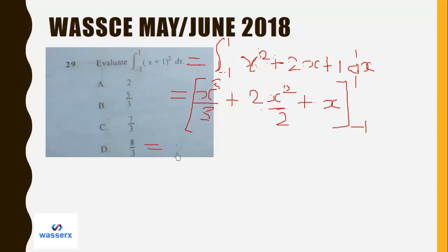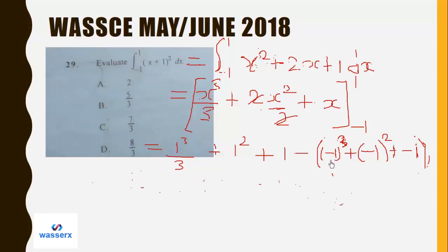So this will be equal to 1 cubed over 3, plus, this will cancel this, so we have 1 squared, plus 1 into negative 1 cubed over 3, then plus negative 1 squared, then plus negative 1.